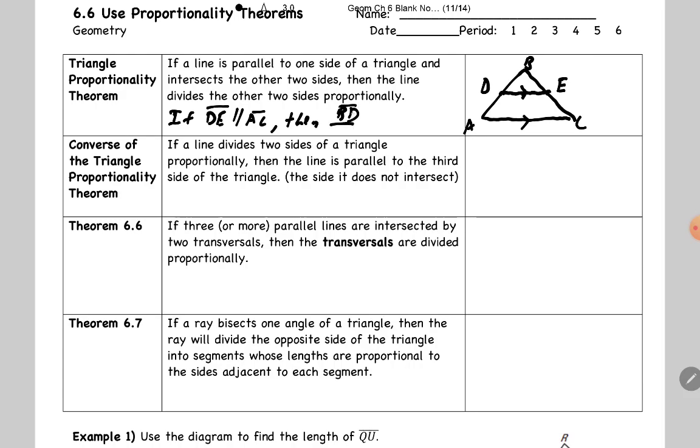BD, the length of BD, over the length of DA is equal to BE over EC. So 3, 9, 5, 15.